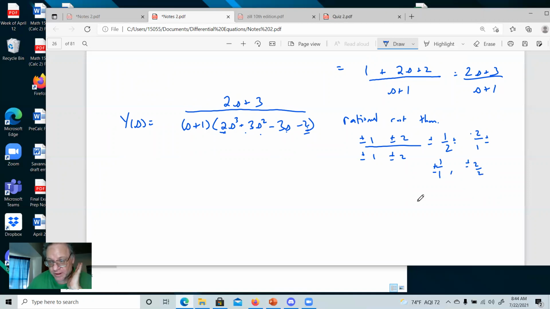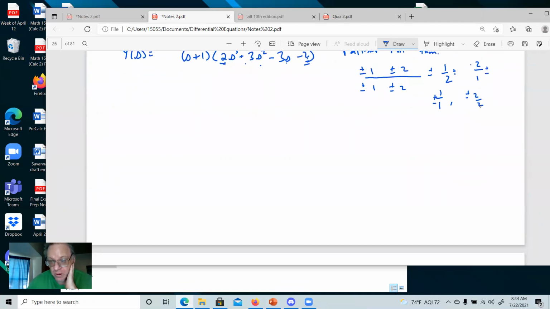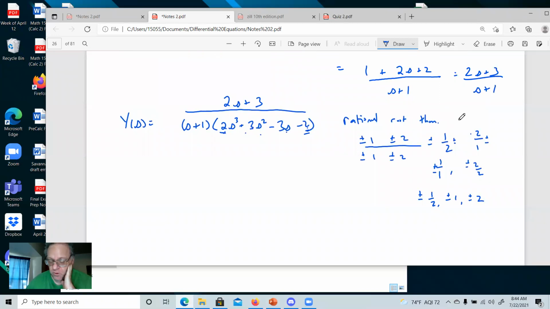These are all the different factors. Now in this case, some of them go away. These are the possible rational roots: plus or minus 1/2, plus or minus 1, plus or minus 2. So we only have to do 2, 4, 6 synthetic division problems, potentially, to track down all the different rational roots.